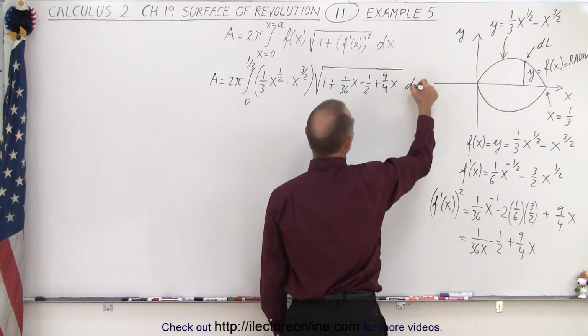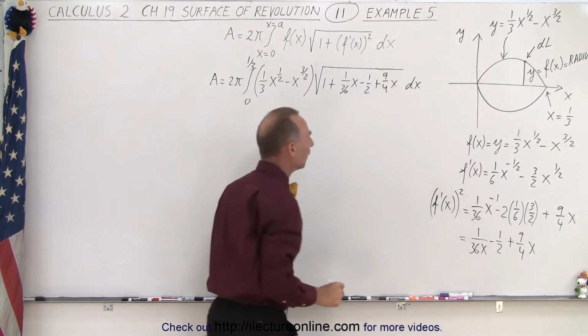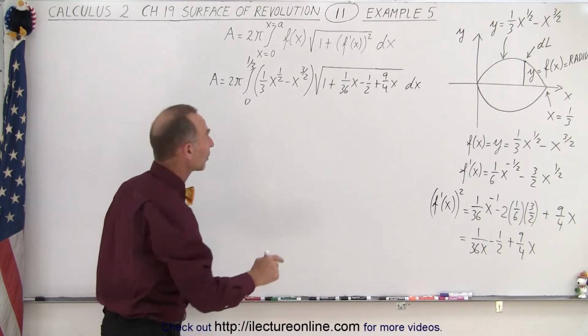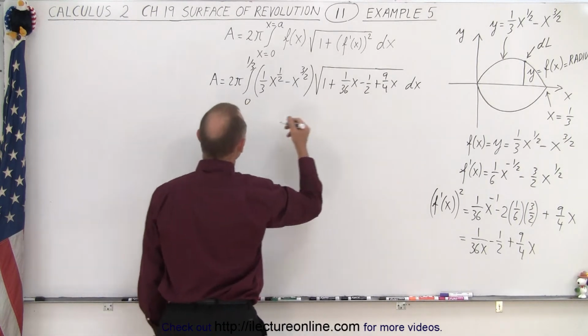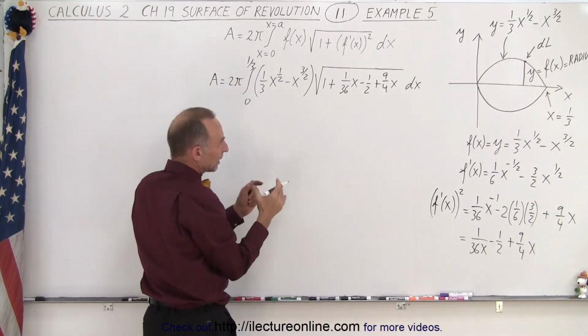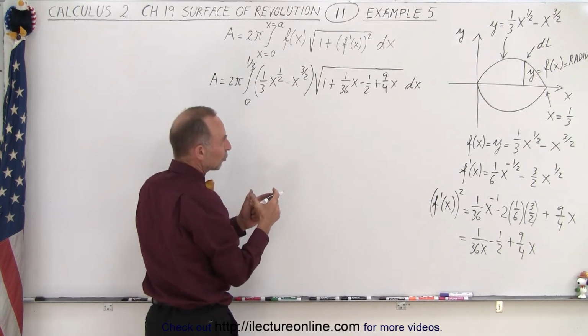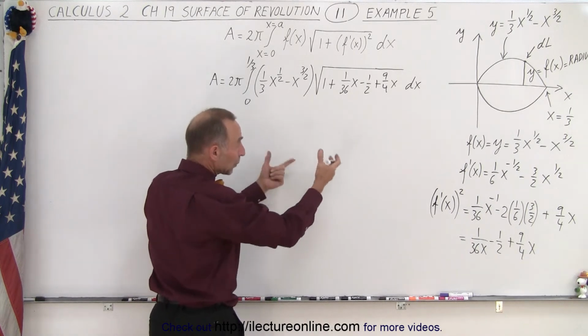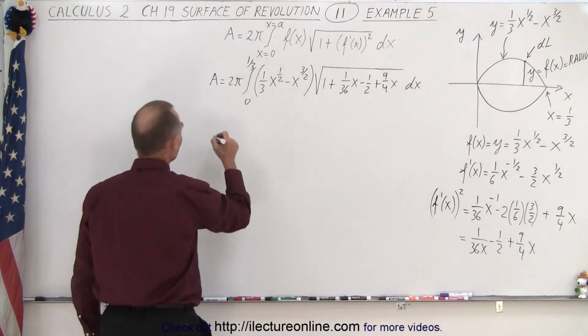And the whole thing times dx. There we go. Now don't panic yet, because when we add this, we'll get something that we can take the square root of, or at least write as the square of a binomial, and then we can take that out of the integrand. So this is what it looks like.